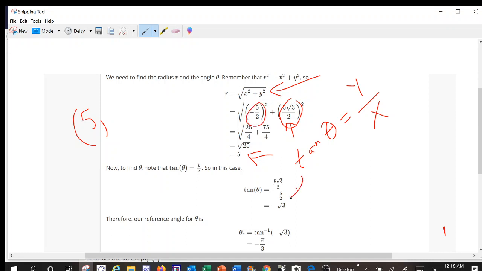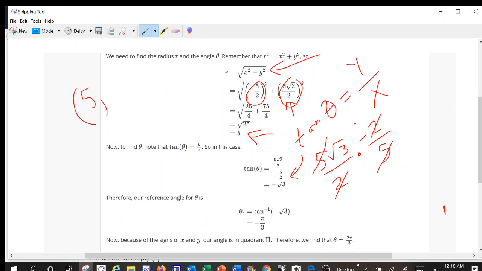If you divide it, that would be 5 square root of 3 over 2 times the reciprocal of that, which is negative 2 over 5. The 5 goes away, 2 goes away, so that's just negative square root of 3. So that theta is going to be tangent inverse of negative square root of 3.